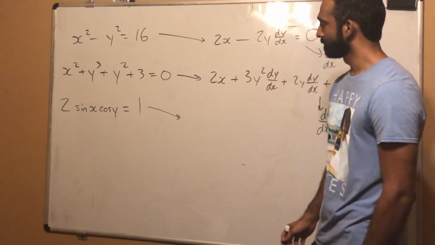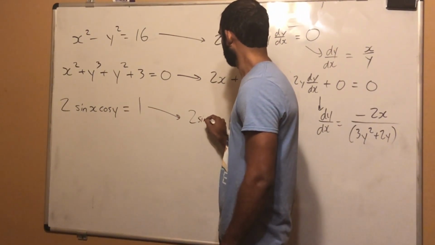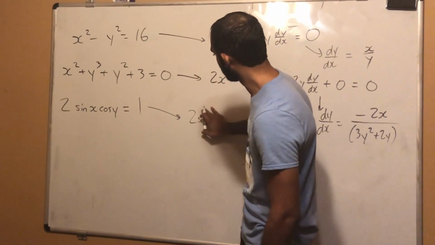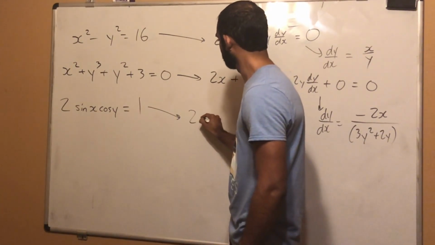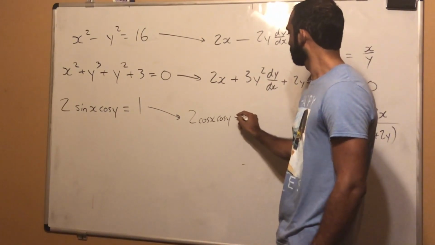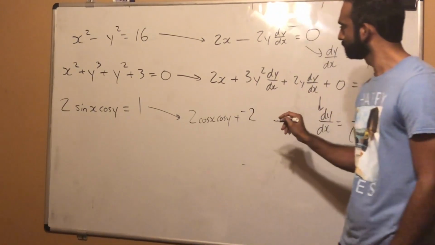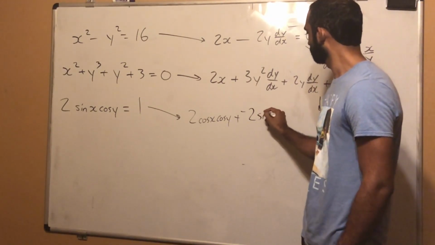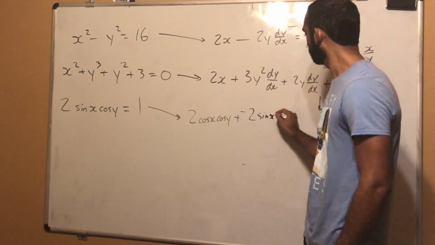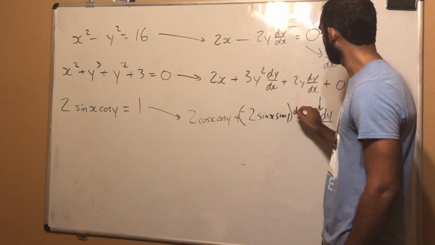Taking the derivative of sine of x first, we get 2 times cosine of x times cosine of y, plus negative 2 sine of x sine of y, all times dy over dx.